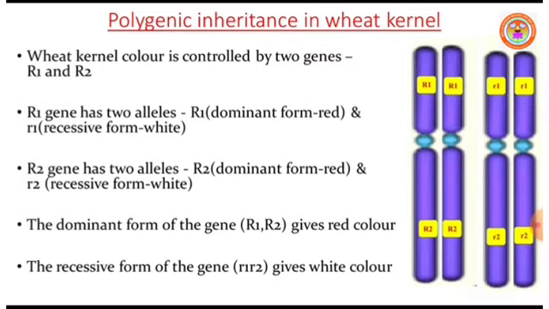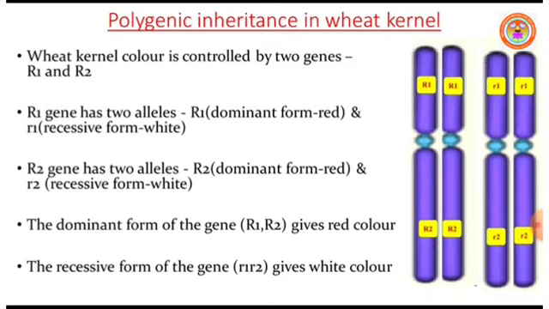Each gene has two alleles. So the genotype of the dark red parent is capital R1 capital R1, capital R2 capital R2, whereas the pure breeding white is recessive, and its genotype is small r1 small r1, small r2 small r2.